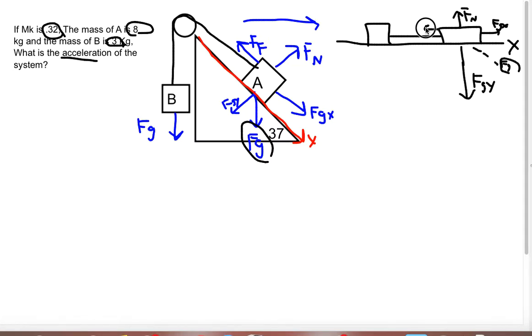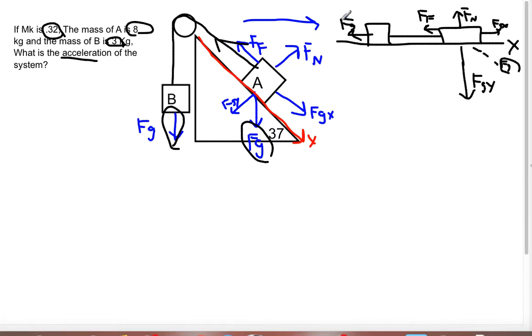I have my force of friction right here, and my force of gravity on this block going this way. Now, the reason that this is all of a sudden going this way is because of our pulley. And our pulley changes the direction, so it's going to be straight this way and parallel to our x-axis.